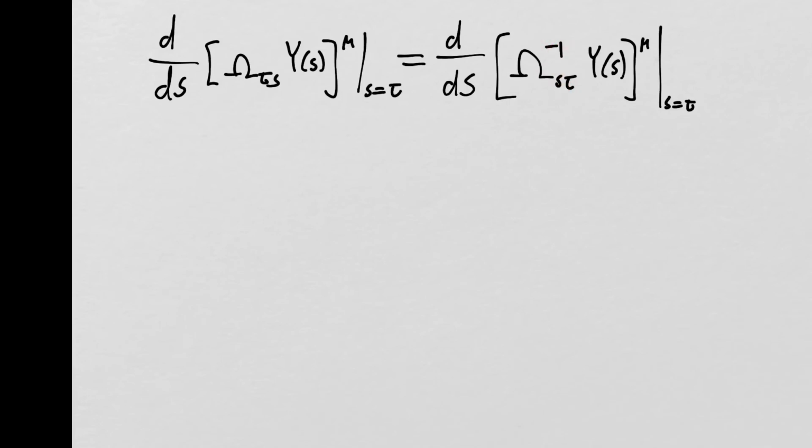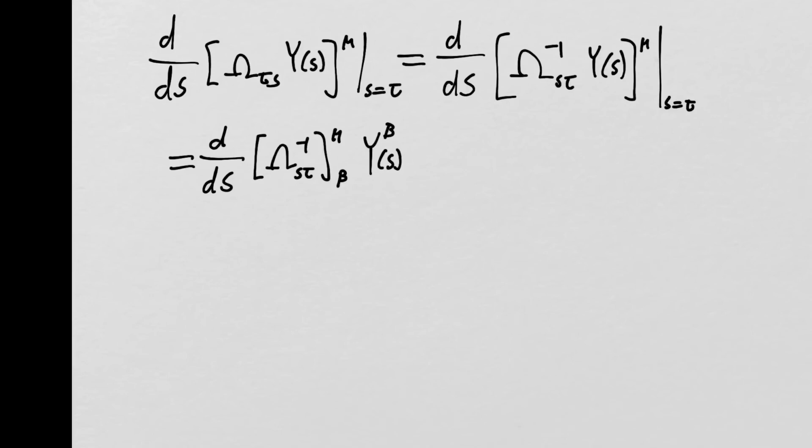So I've effectively left it alone. So then I will write that equals, and then I'll use the chain rule, d by ds, and this will be omega inverse st, and then it's mu beta, and then it's y of s beta, and this is evaluated at s equals t.